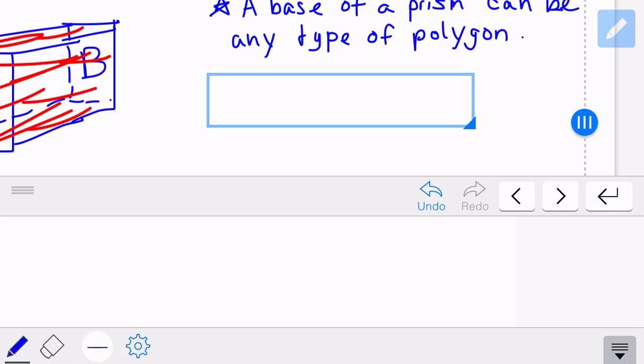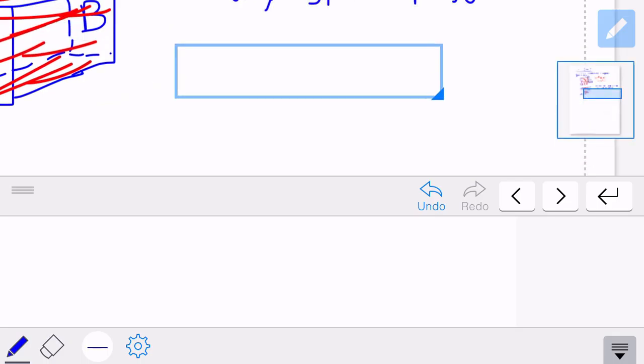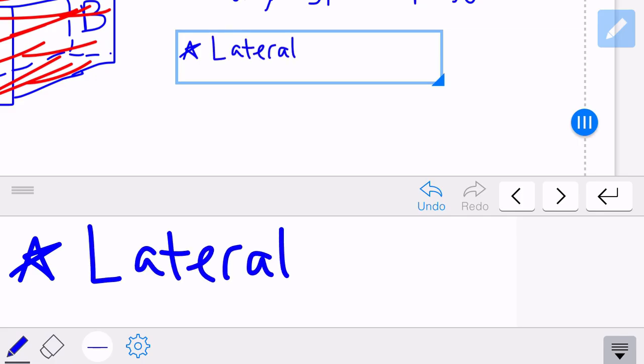So now, oh, one other thing. If you are asked to find lateral area, all that means is the area of the lateral faces.